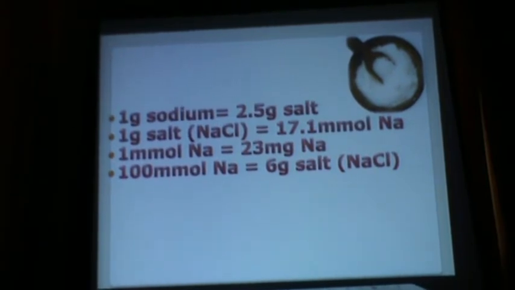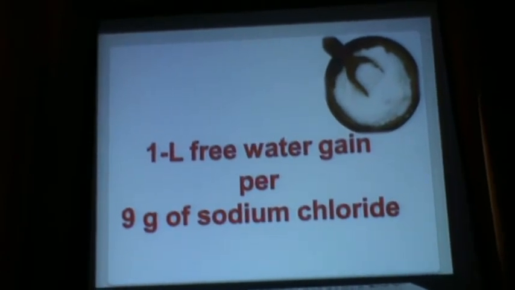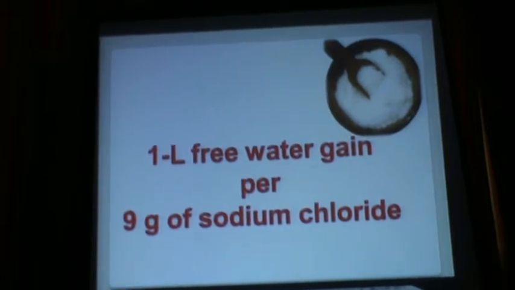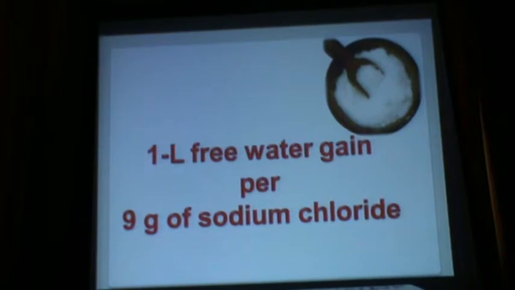The second important thing that I would like to clarify is that with the intake of about 9 grams of salt per day, which equals a tablespoonful or the large spoon, the subject is obliged to take 1 liter of fluid after this amount of salt. This is obligatory.